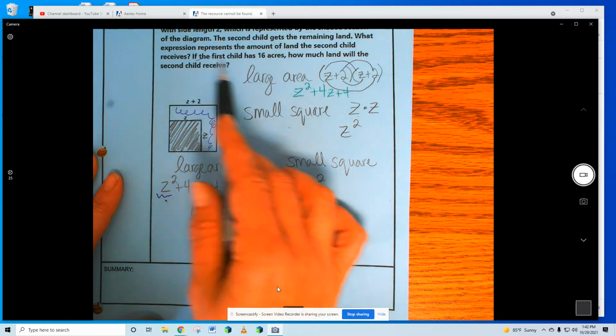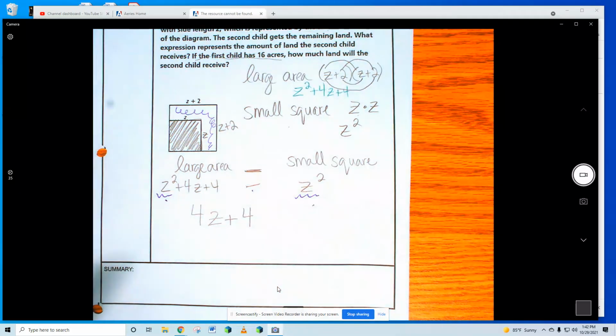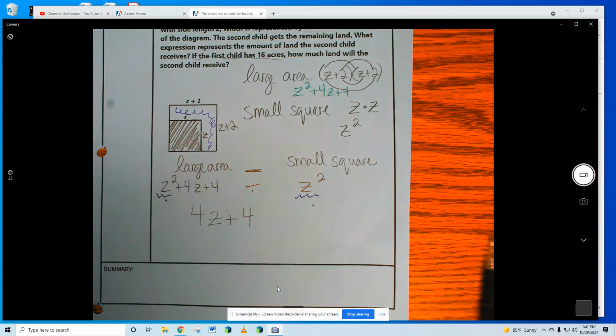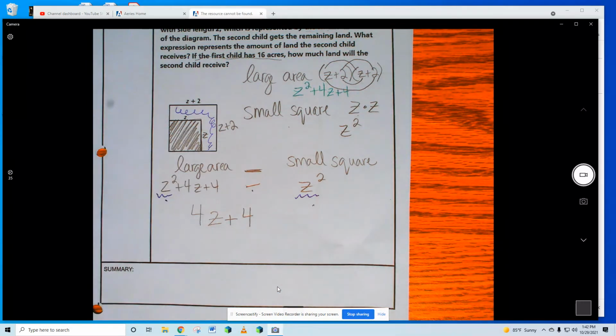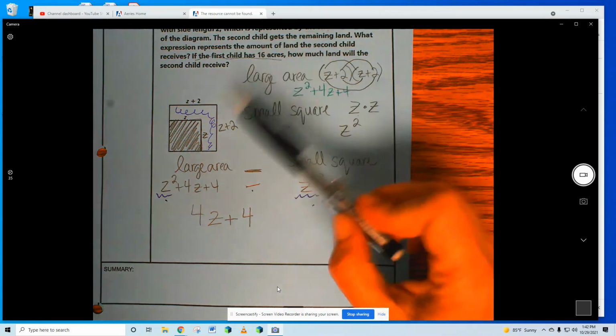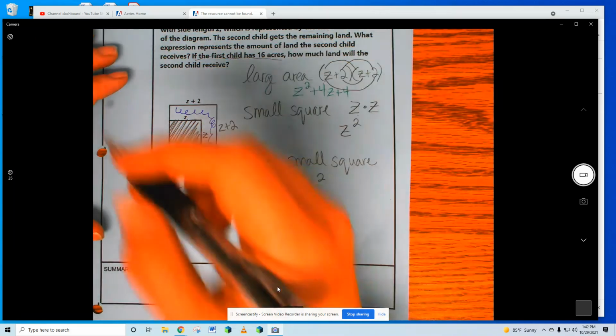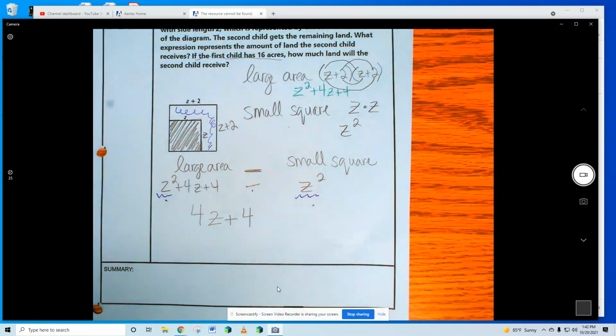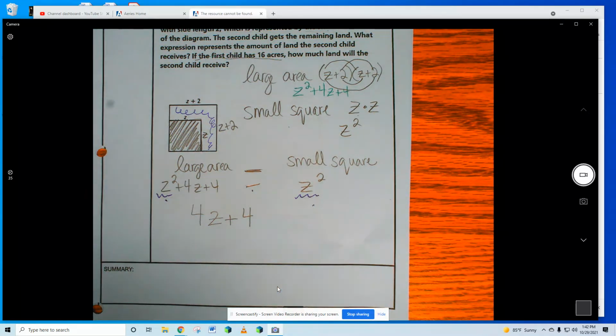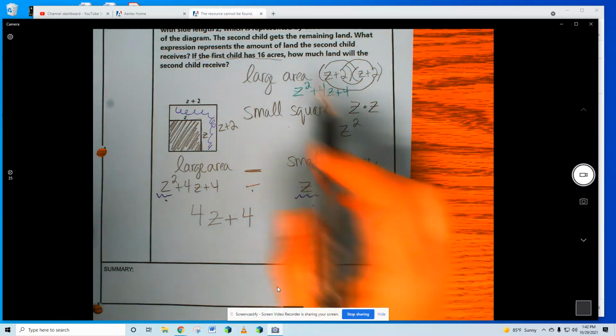If the first child has 16 acres, how much land will the second child receive? The first child has 16 acres. That means Z squared equals 16. I have to plug in the 16 to get that answer. So, how much then will the second child receive?